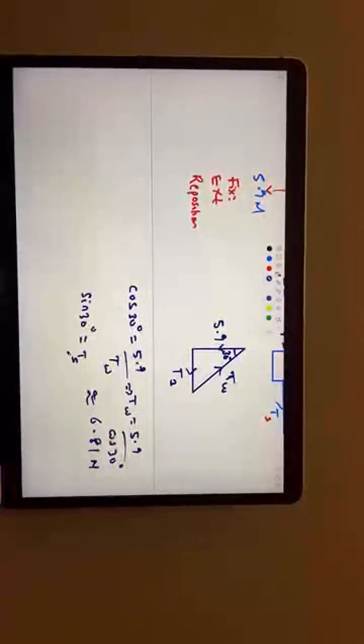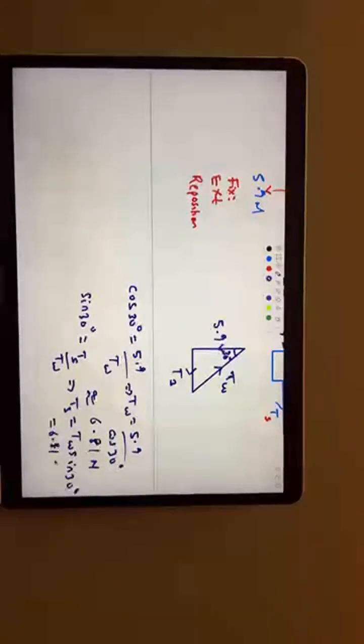Which implies that T of the string will then be TW sine 30 degrees, which is 6.81 sine 30.